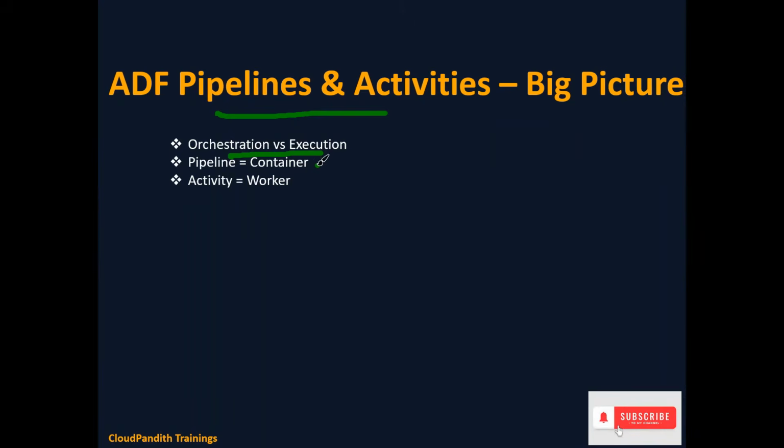So here, a pipeline acts like a container. Activities are the actual workers that perform the task. So the summary for this slide is: ADF is an orchestration tool, not a data processing engine. Pipeline is a container. Activity is an actual worker.